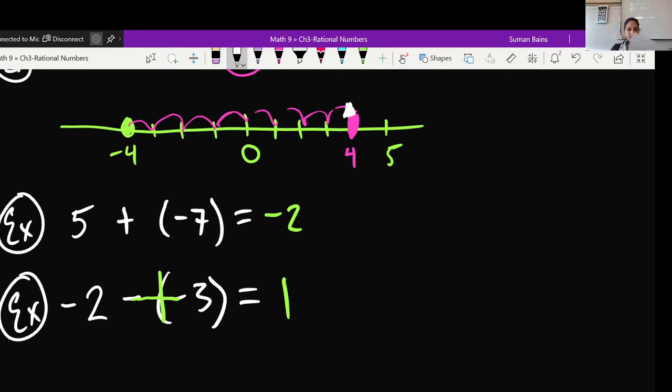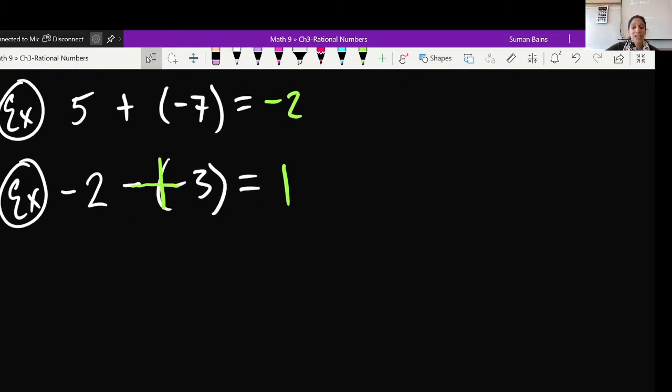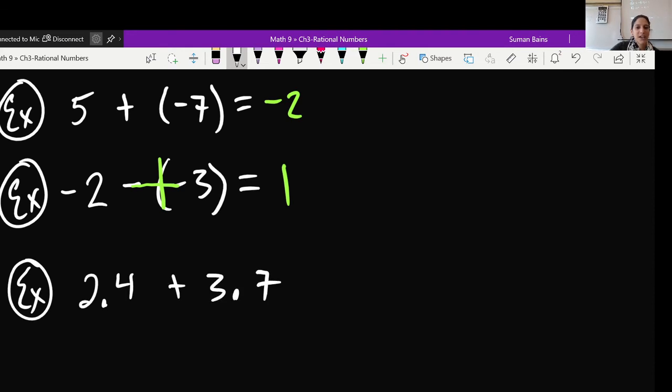Okay. And that's fine when we're dealing with integers. I'm just going to repeat some of the vocabulary that you may not be quite so familiar with. When we have positive and negative whole numbers, we're dealing with integers. Let's say we have something like 2.4 plus 3.7.